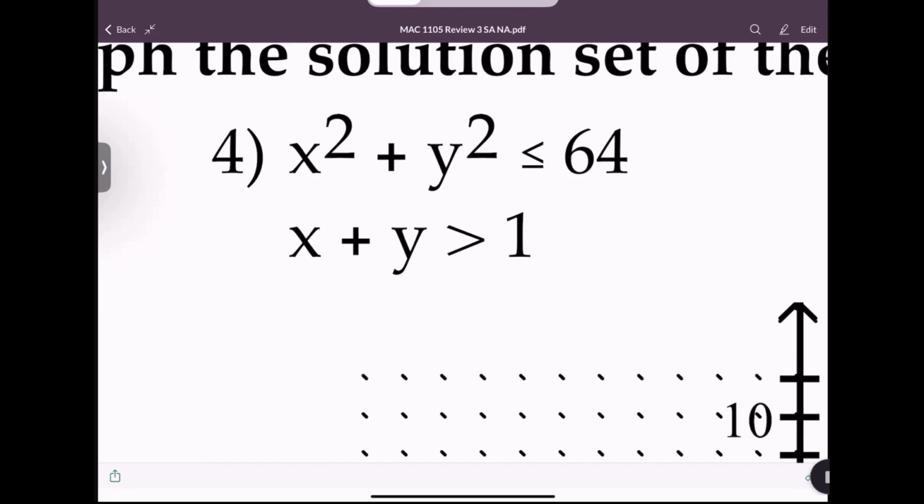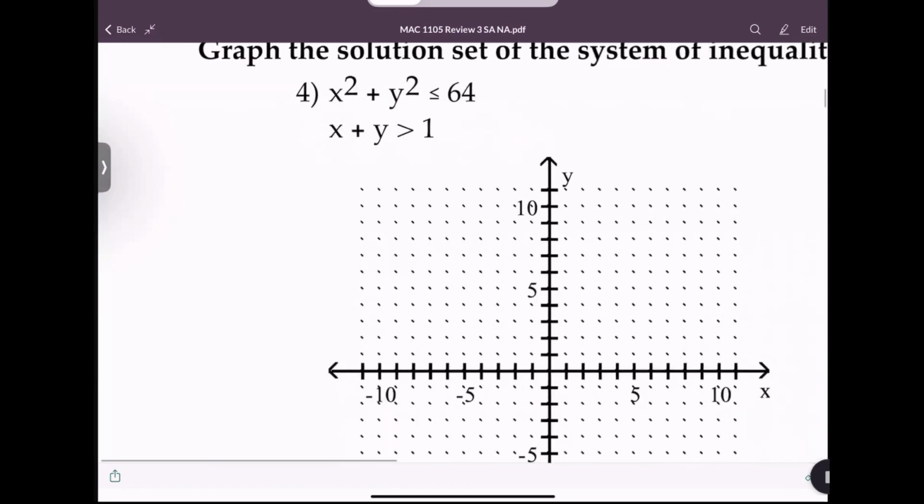I don't like teaching it based on the sign. The line goes down 1, right 1, so it's going to go this way. It doesn't cross 0, 0, so I can use 0, 0. 0 plus 0, is that greater than 1? No. So that means I want to shade this side, because this says no. So you're shading inside the circle, in this direction of that line. That's how it'll pop up as an answer.